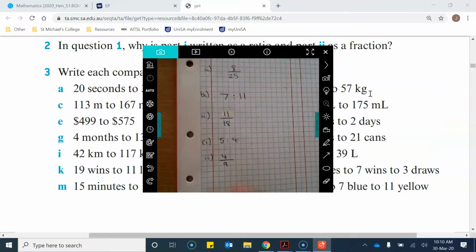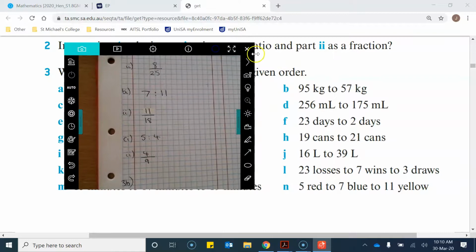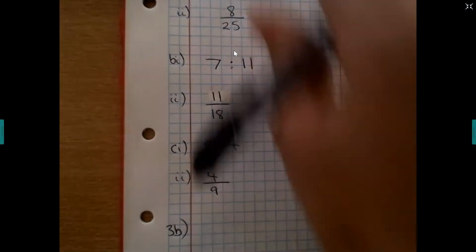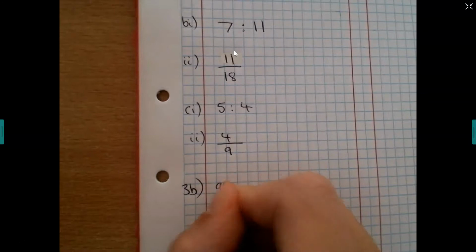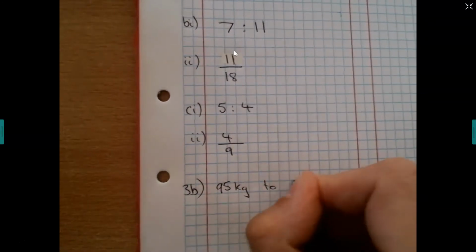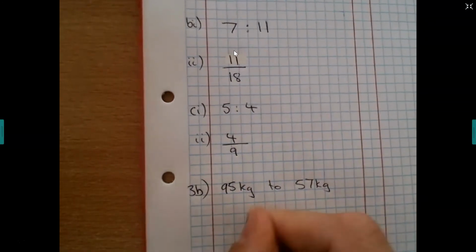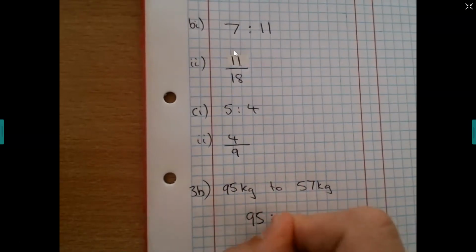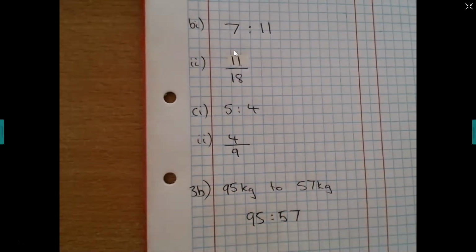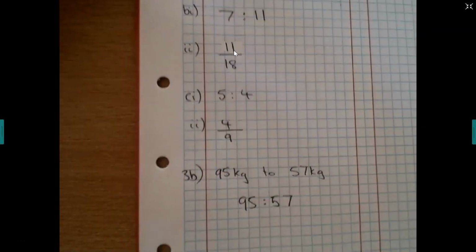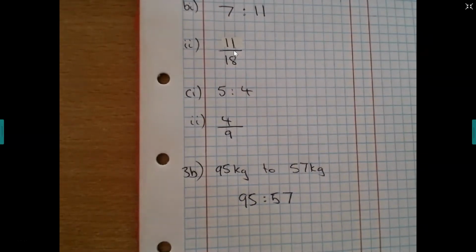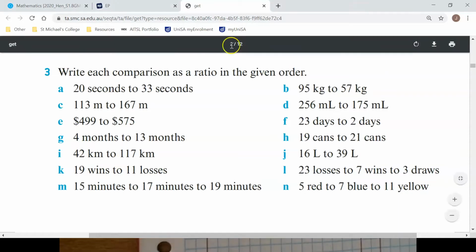So this is 3B. 95 kilograms to 57 kilograms as a ratio would be 95 colon 57, and then you could look to simplify it by finding a common factor and dividing by it. In this case, I don't believe that there is a common factor, therefore that would be as simple as we could write that ratio. And just one more example.